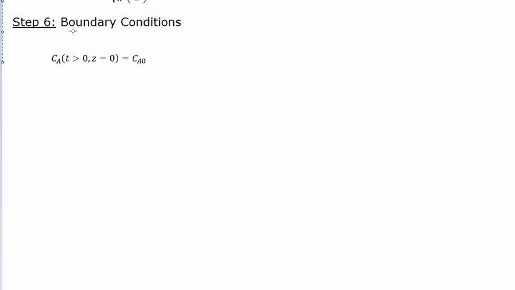So when t is greater than 0, we're going to have that concentration there, that initial concentration at the left-hand wall, and when time is greater than 0 at the right-hand wall at z equals infinity, we're going to have a second concentration that we'll designate that way.